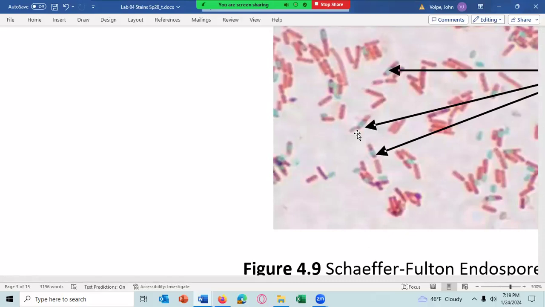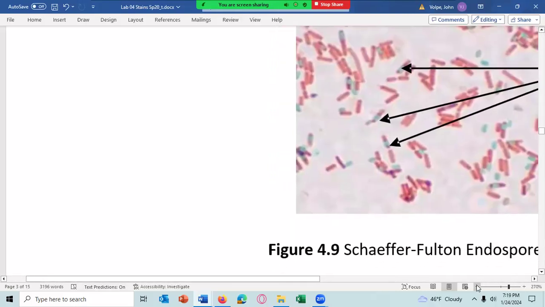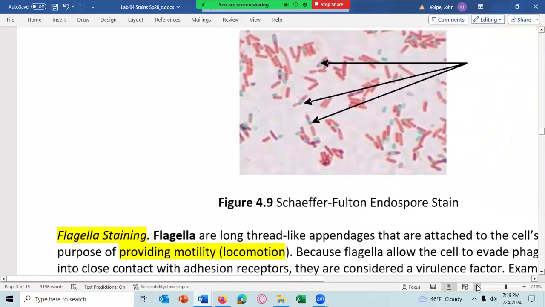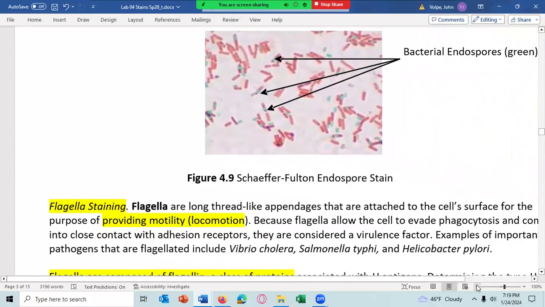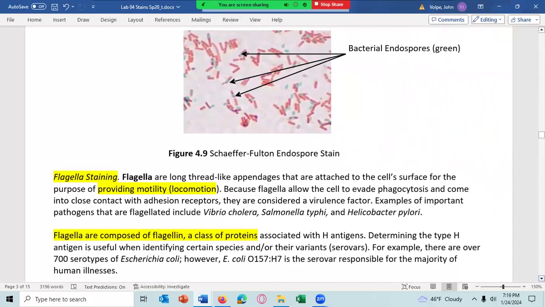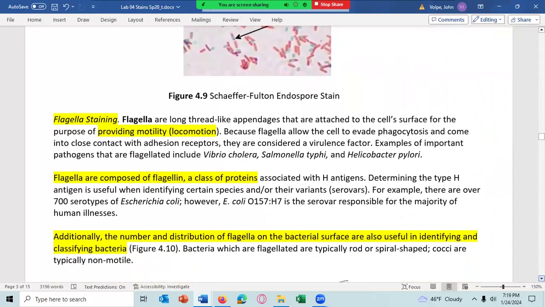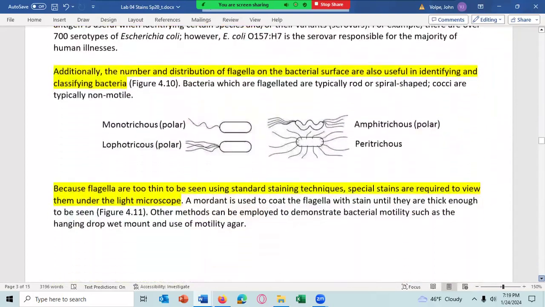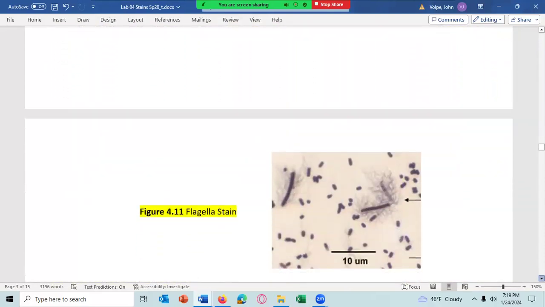The parent cells initially pick up the green, but the green in the parent cells or the vegetative cells will be washed out with the decolorizing step of the endospore stain. Any questions about the Schaefer-Fulton endospore stain? If not, let's move on to the last special stain, and it's the flagella stain.